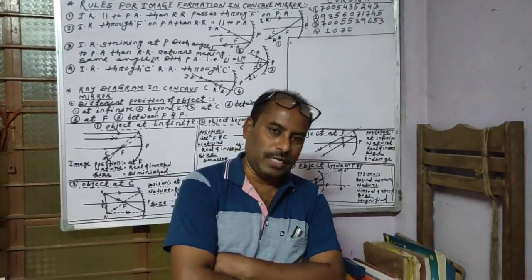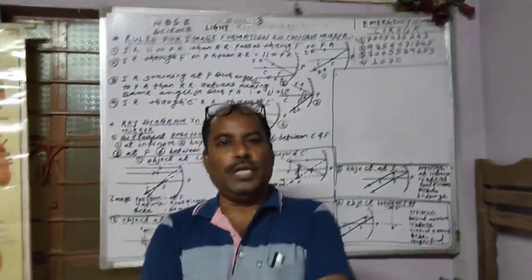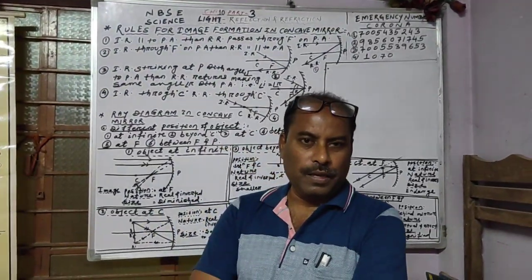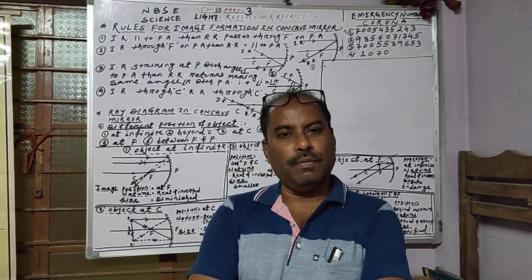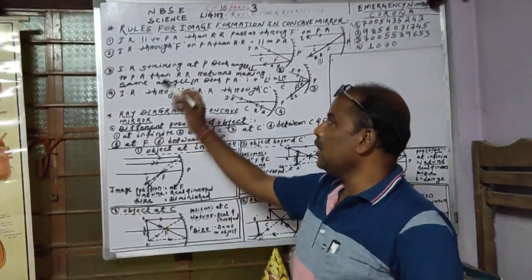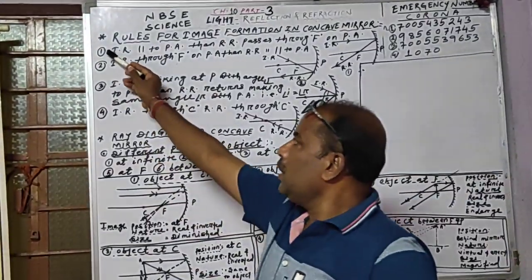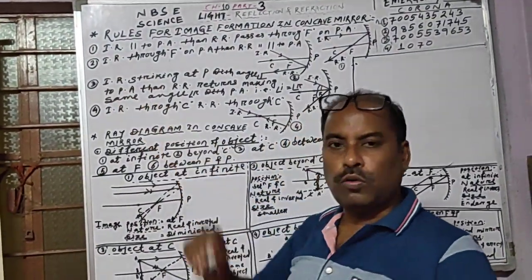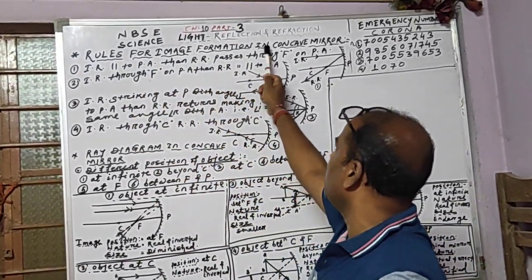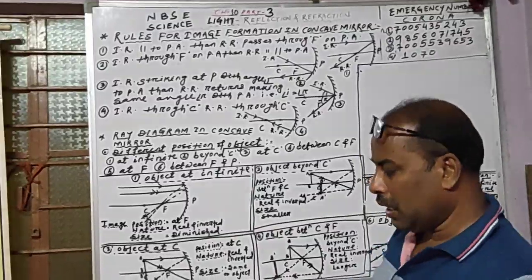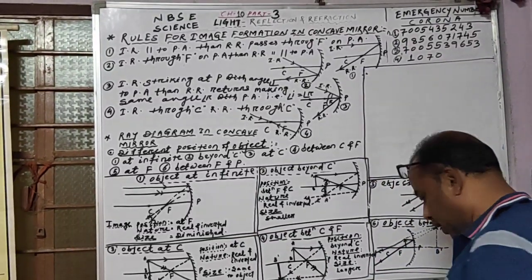Okay, so let us come to know the different rules for the image formation in the spherical mirror. Here I have given four rules. These are the rules for image formation in a concave mirror or convex mirror, that is, spherical mirror.